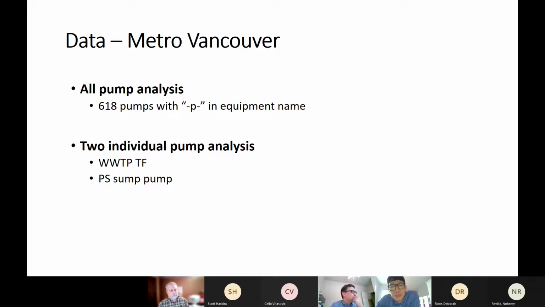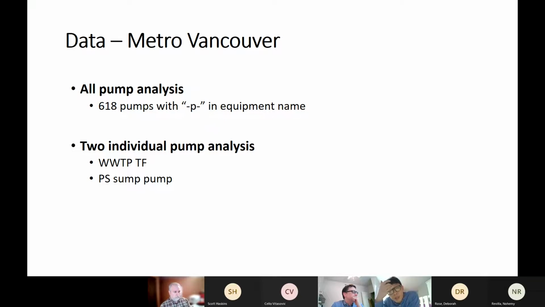So that may not be the entire number of pumps at Metro Vancouver, but at least that's the data we have. And so that's the first analysis that I'm going to show.